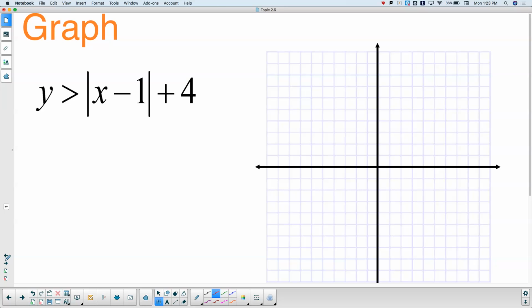One was the T-chart method, the mathematical method, where we picked a bunch of points, plugged them into our equation, found the corresponding y's, and then we graphed those points. The other way was the logical way, where we looked for the vertex point based upon the equation.